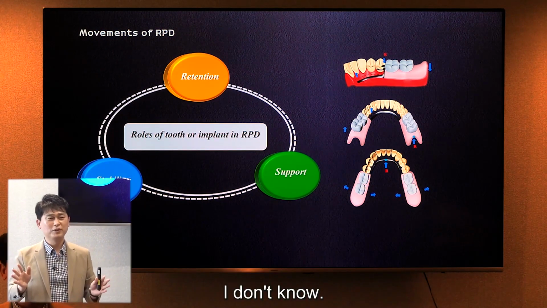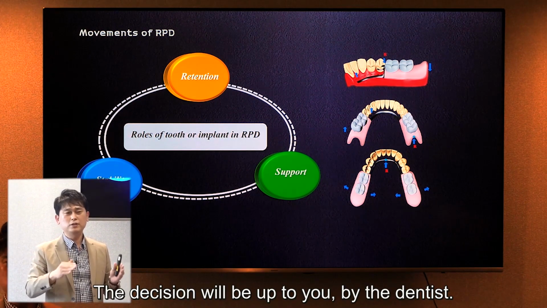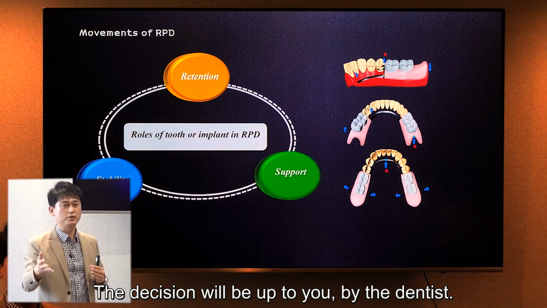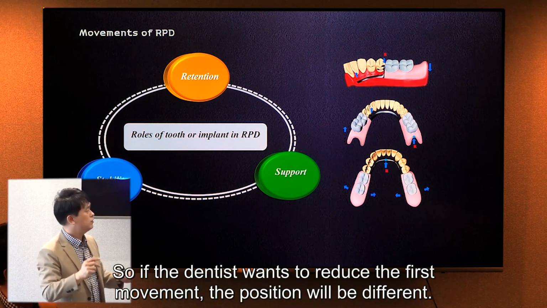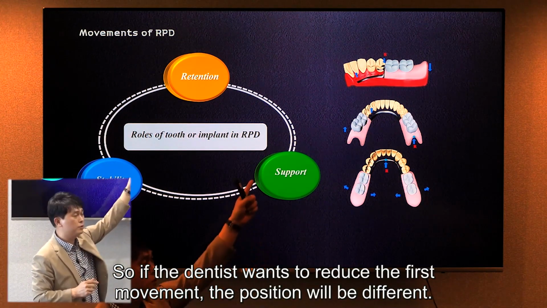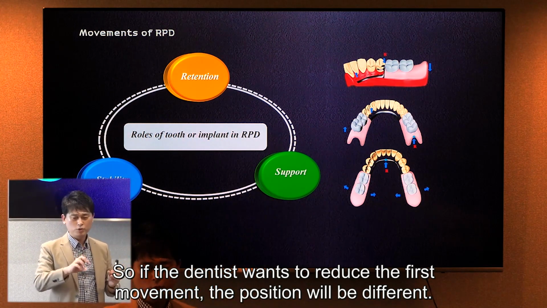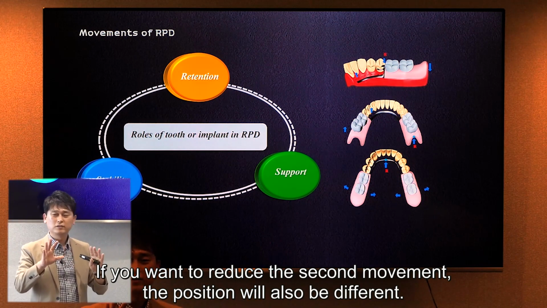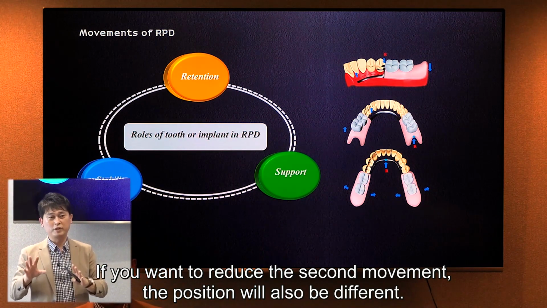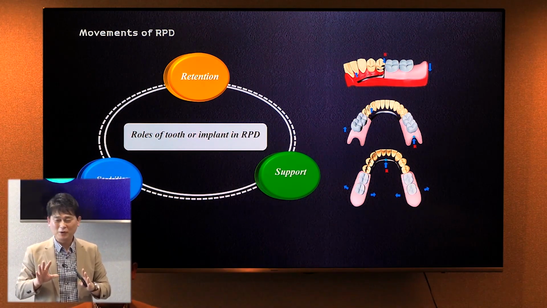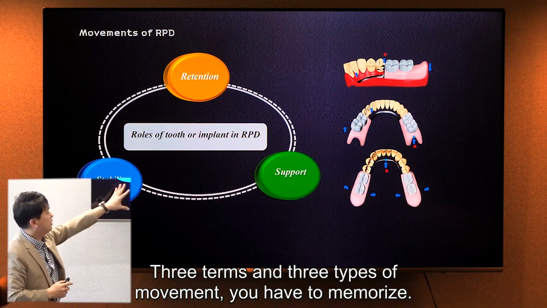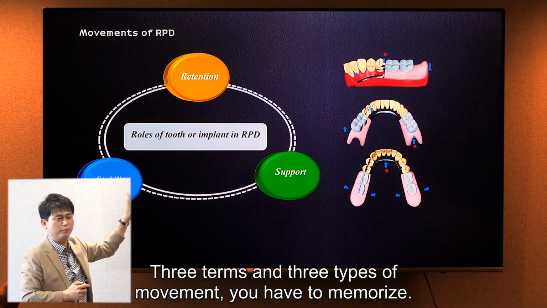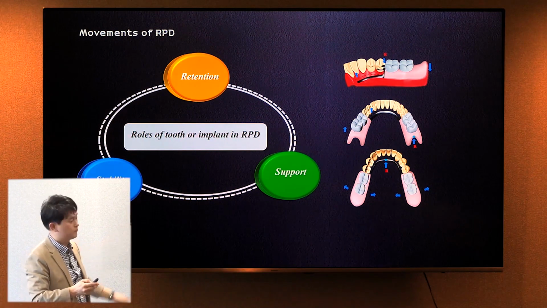I don't know. The decision will be made by you, the dentist. If the dentist wants to reduce the first movement, the position will be different. If you want to reduce the second movement, the position will also be different. Anyway, the three terms and three movements you have to memorize. Okay?